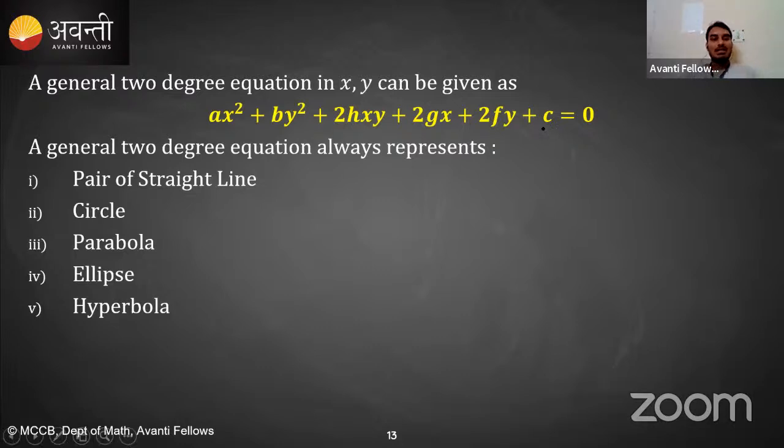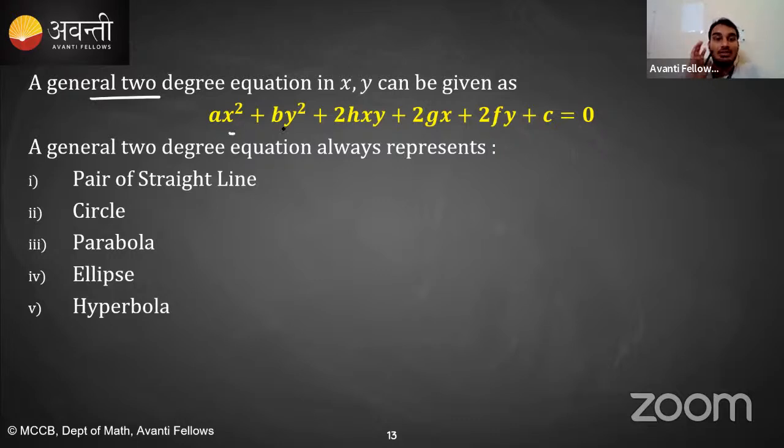Means a general equation of degree 2 will have an x square term, y square term, some term of xy, some term of x, some of y and some constant. Is this clear?